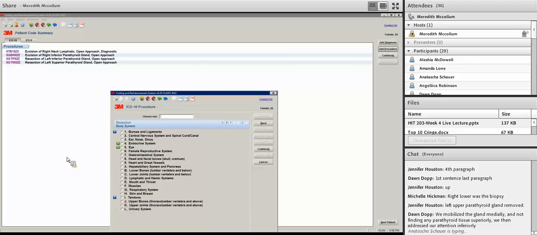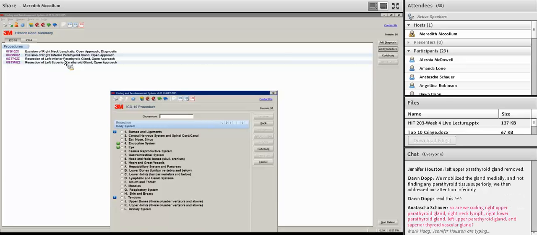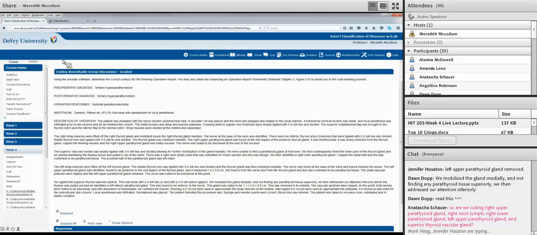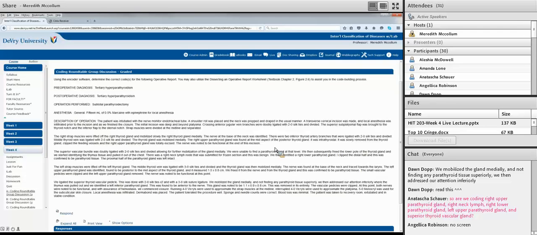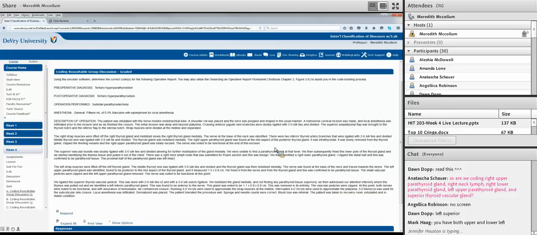Dawn, where are you seeing that? I'm not seeing that. Let me go back. Which side are you on? The left side? Anastasia, no, we're not doing the gland. Left superior. I have both upper and lower, so there's no superior.